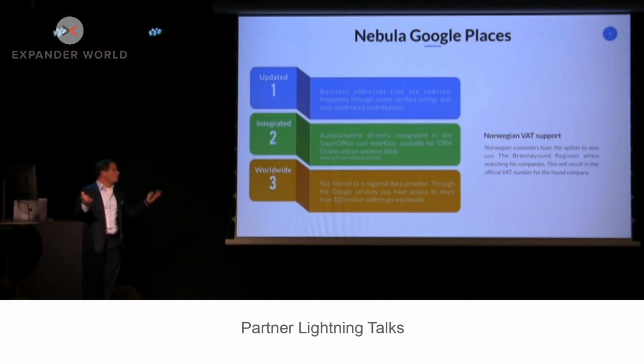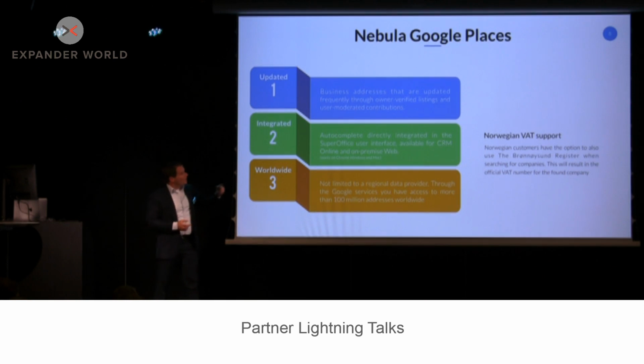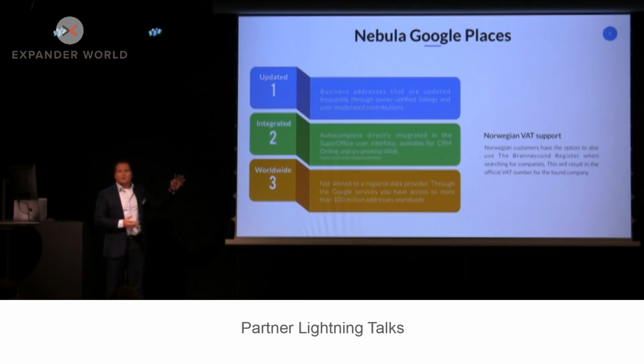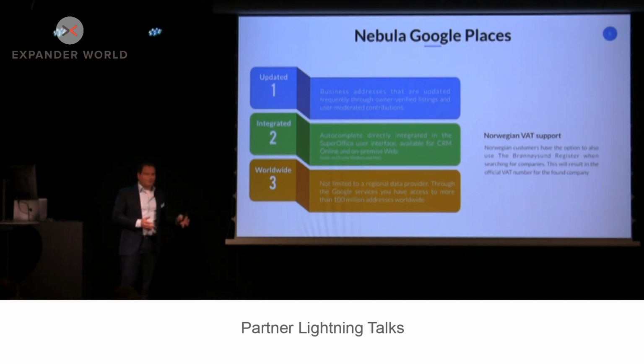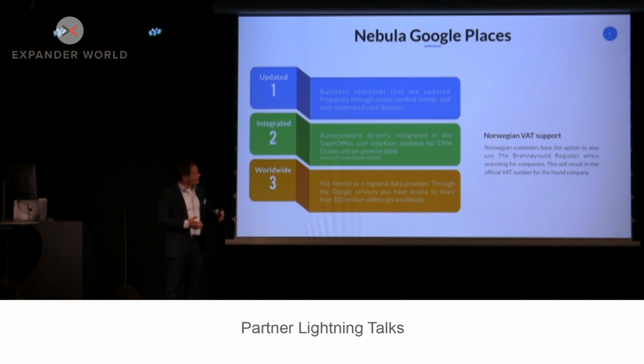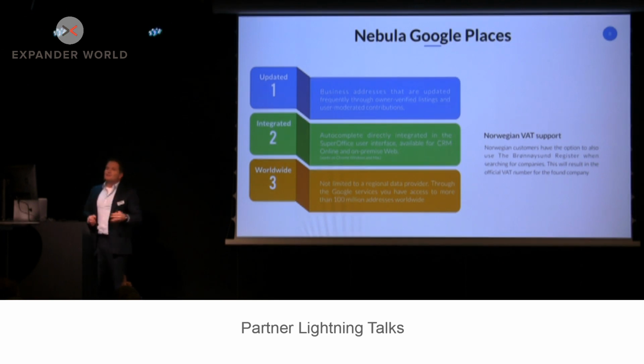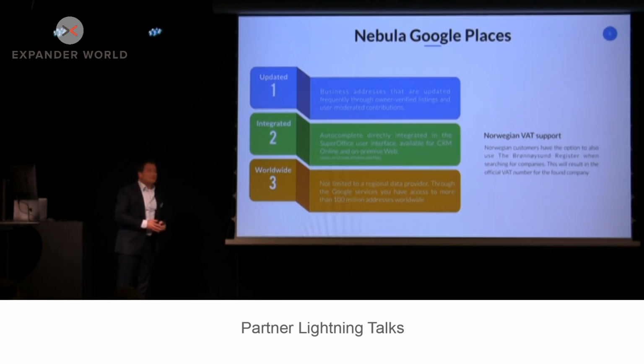And the good news is, Google is not limited, so you have access to worldwide data. Nice to mention, when we presented this product earlier this year, we got some good comments: for us in Norway, the VAT number or organizational number is very important. So when you search for a Norwegian address, we automatically contact the Brønnøysund register, I hope I pronounced it right, to retrieve the VAT information directly.